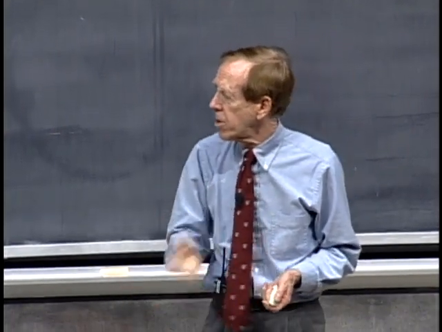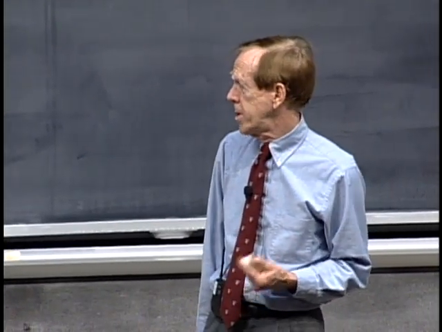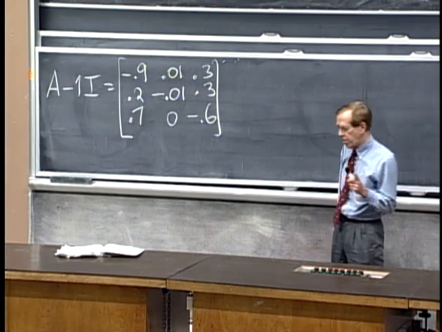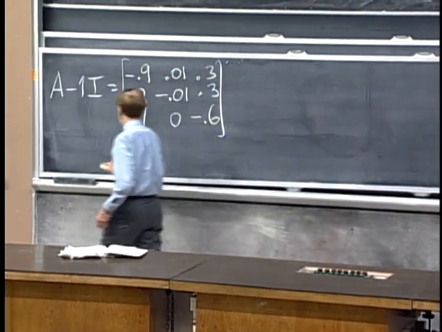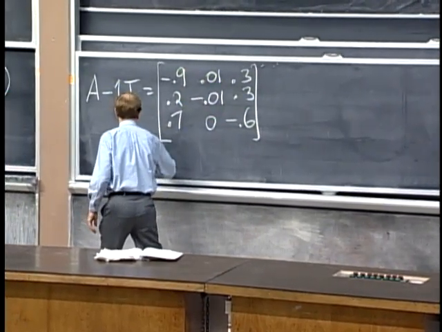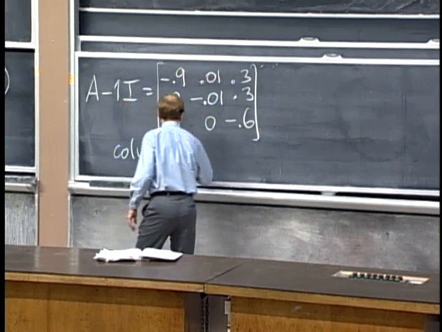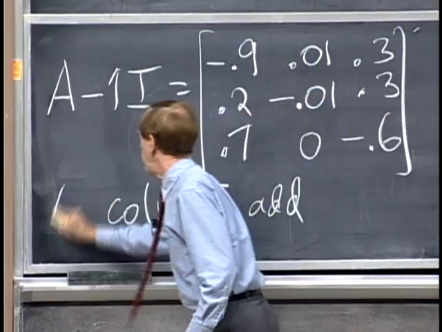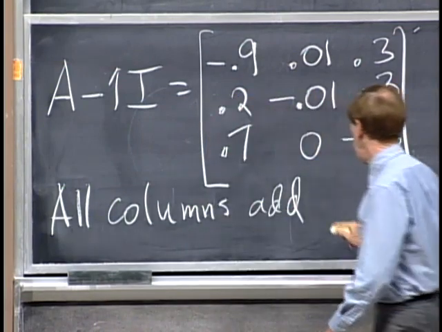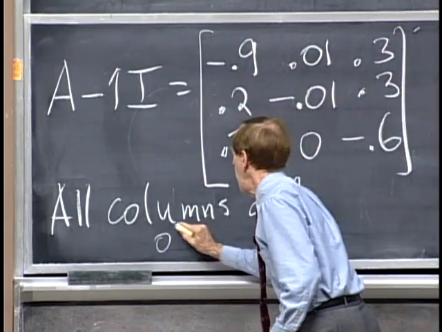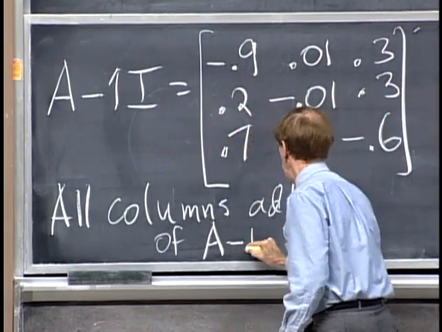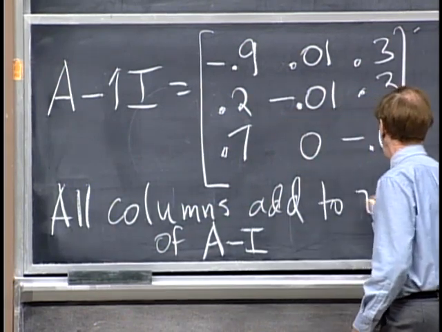So what is it about that matrix? Well, you could look at its columns now. What do they add up to? 0. The columns add to 0. So all columns of A minus I add to 0.